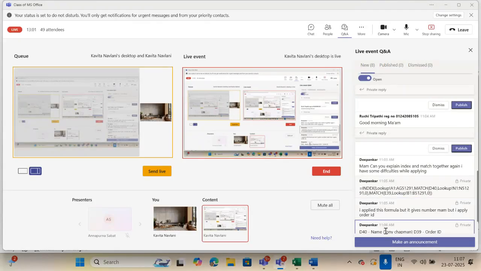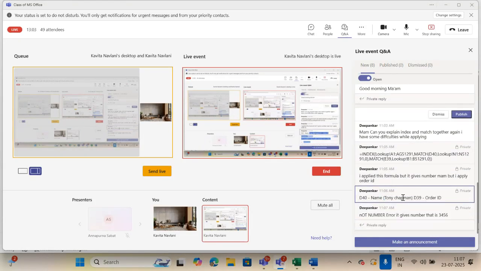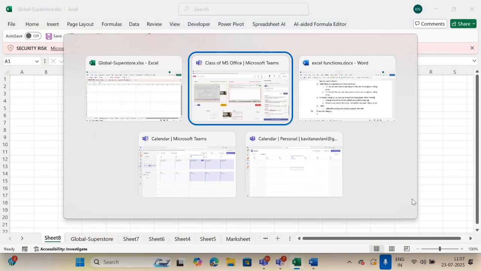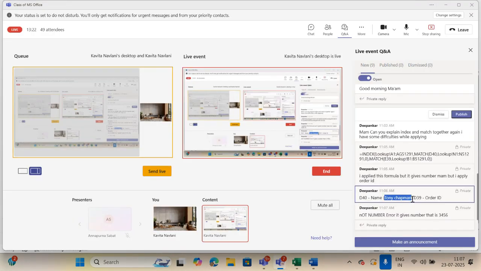D40 is equal to name. Not number error, it gives me the number 3456. Oh, great. Okay, I got the thing. I'm giving you the explanation.